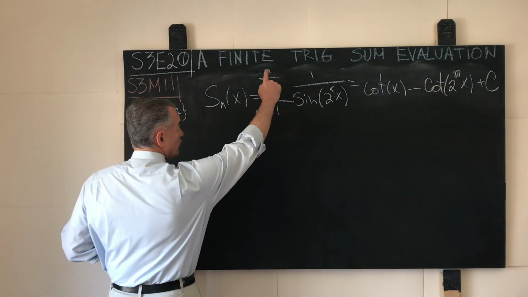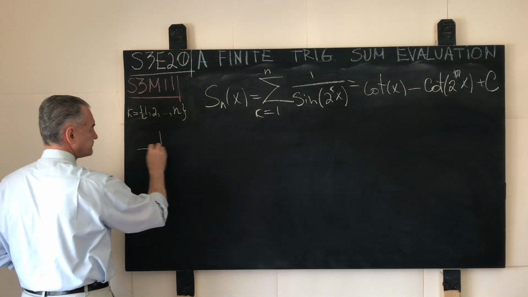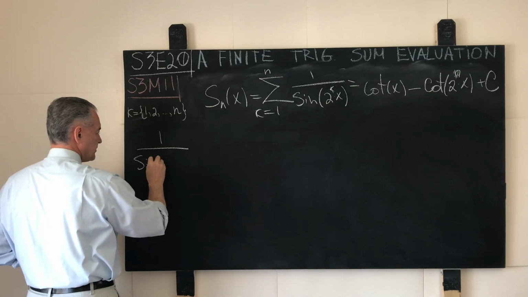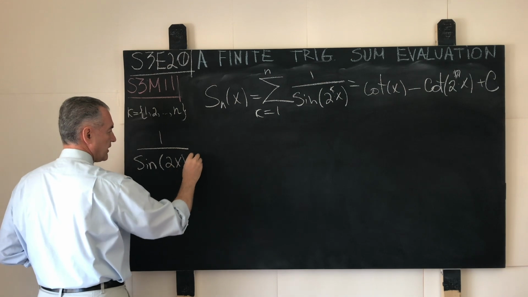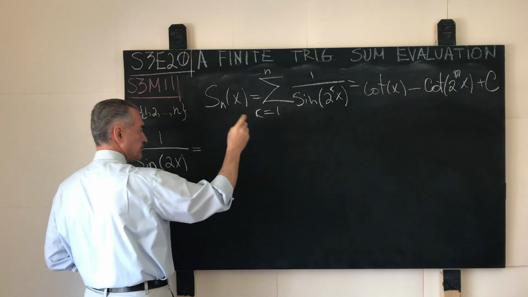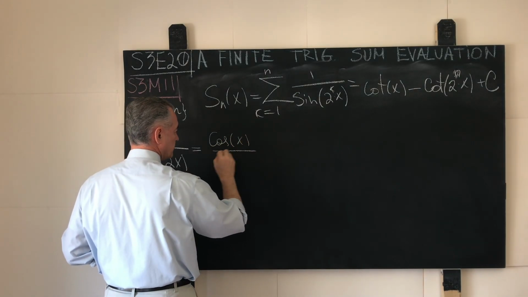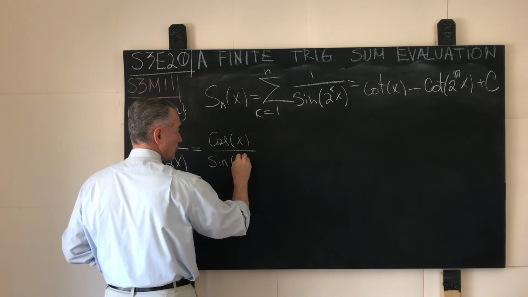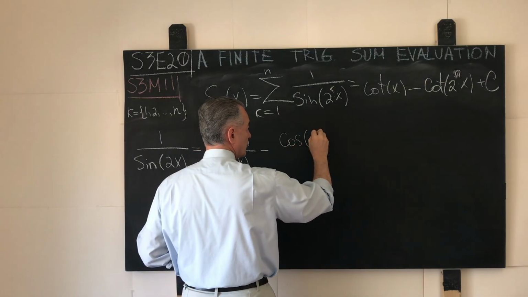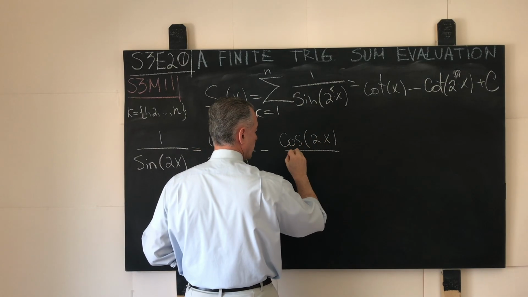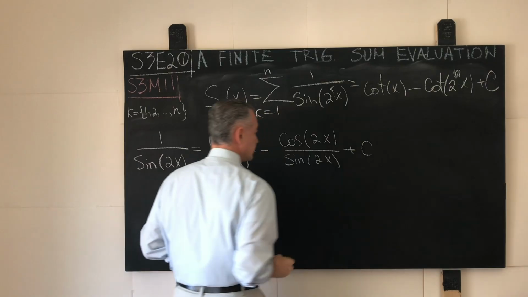As such, putting the upper summation boundary n to 1, we have 1 divided by the value of the trigonometric function of sine evaluated at the argument 2x must be equal to, let's spell it out, cosine of x divided by sine of x minus cosine of 2x divided by sine of 2x plus c.